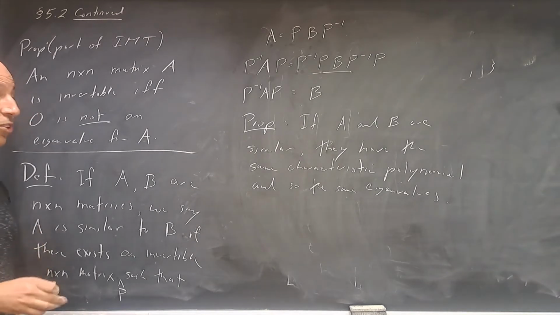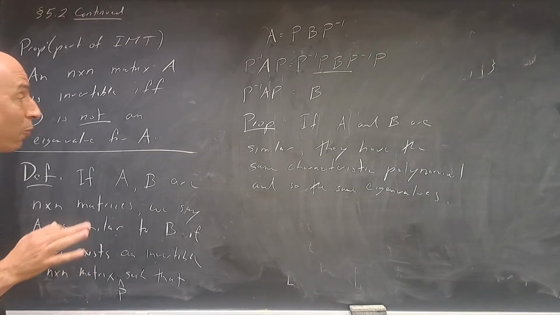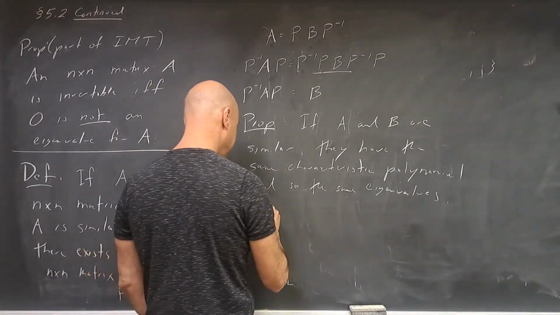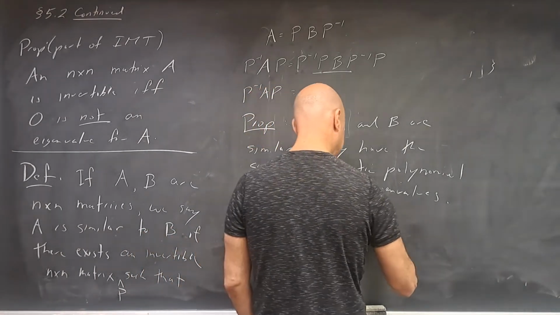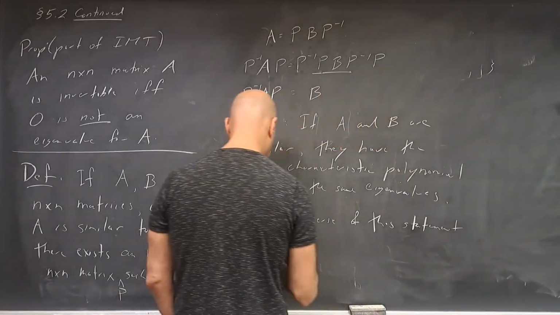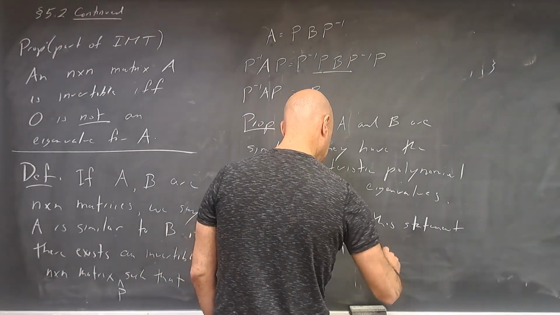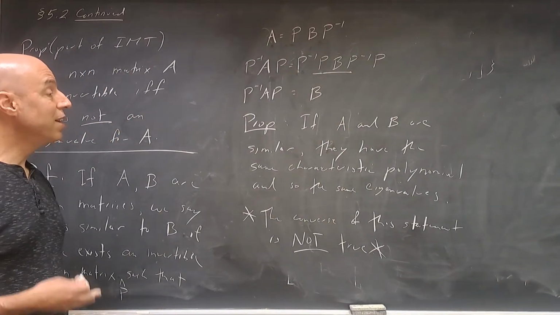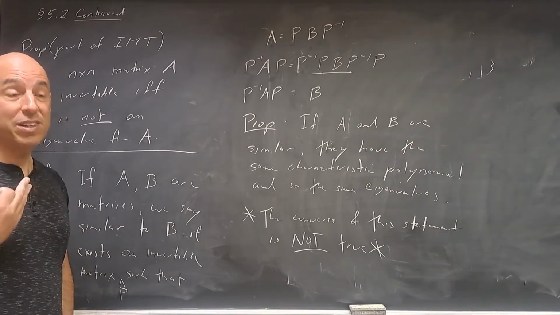So if they're similar, which is a very strong statement, they have the same characteristic polynomial. I do want to point something out. The converse of this statement is not true. So it's possible for two matrices to have the same characteristic polynomial without being similar.